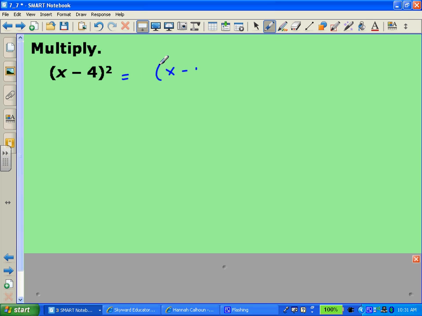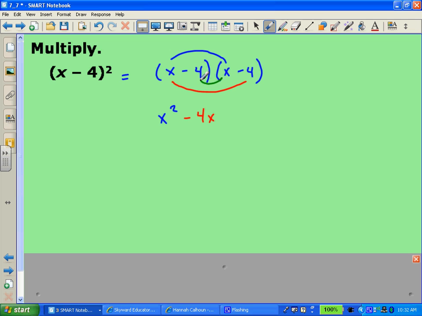So here I have x minus 4 squared, which of course I'm going to write as x minus 4 times x minus 4, because that's what it is. Okay, so the first thing I gotta do is my first terms. So x times x, so I get x squared. Then I'm gonna do my outer terms. So negative 4 and x, so that's minus 4x.